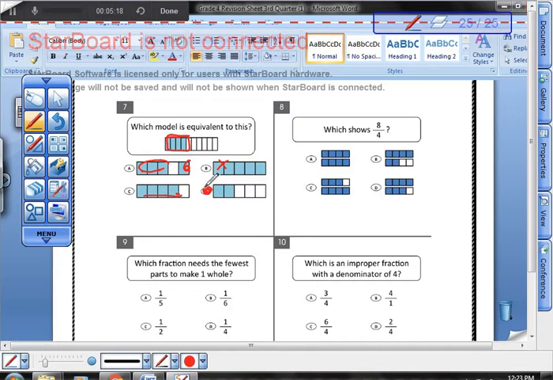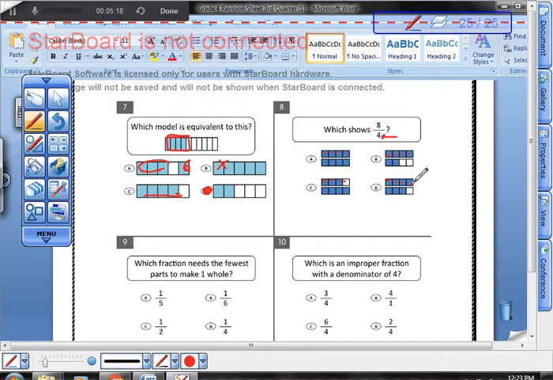Number 8, which shows 8 out of 4. We solved it before, something like this. So my denominator is 4, which means the whole one is divided equally into 4 equal parts. And here all of them, the whole one divided equally into 4.